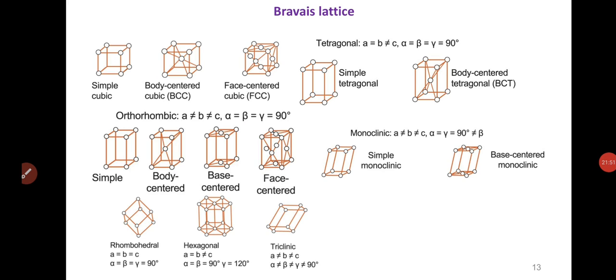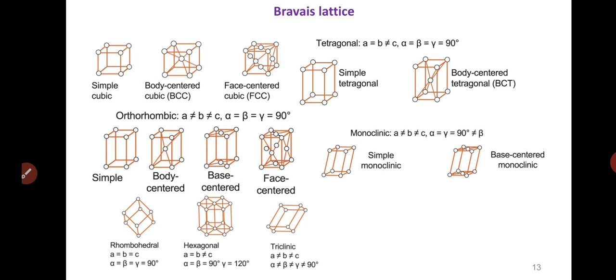In orthorhombic, A not equal to B not equal to C, but alpha equal to beta equal to gamma equal to 90 degrees. There are 4 types: simple, body centered, base centered, and face centered. We will discuss later what body centered, base centered, and face centered structures are.